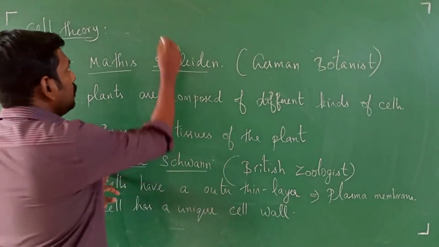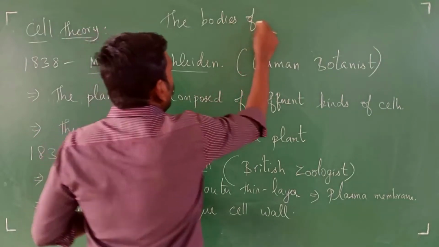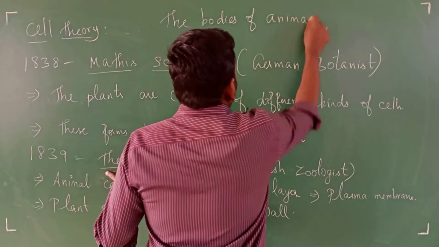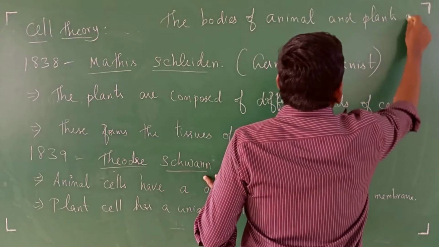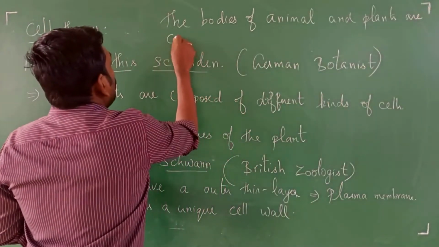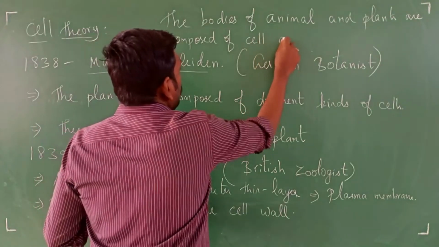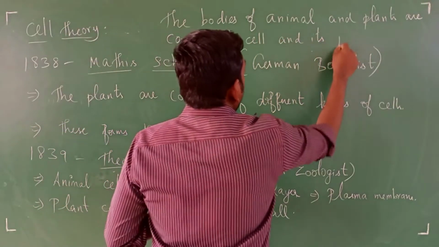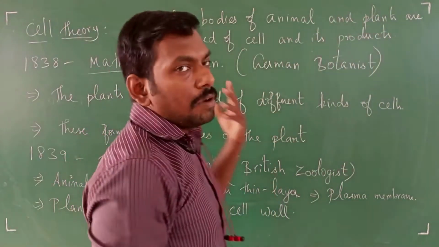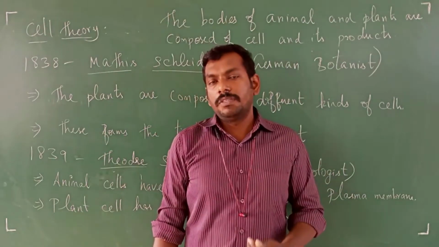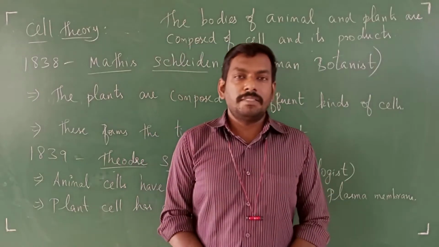Theodor Schwann found that the bodies of animals and plants are composed of cells and their products.